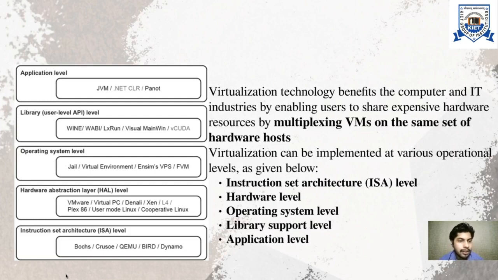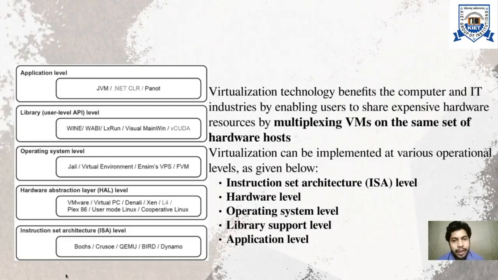Just above the operating system level, there are 2 layers, application level and library level. We all know that an application runs by using the operating system, and the operating system acts as an interface between the application and your hardware.